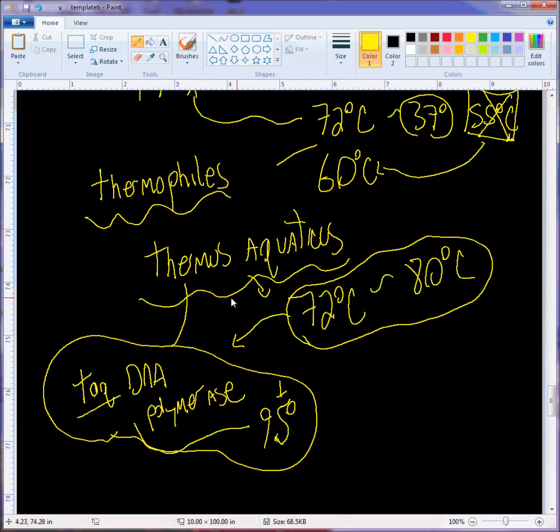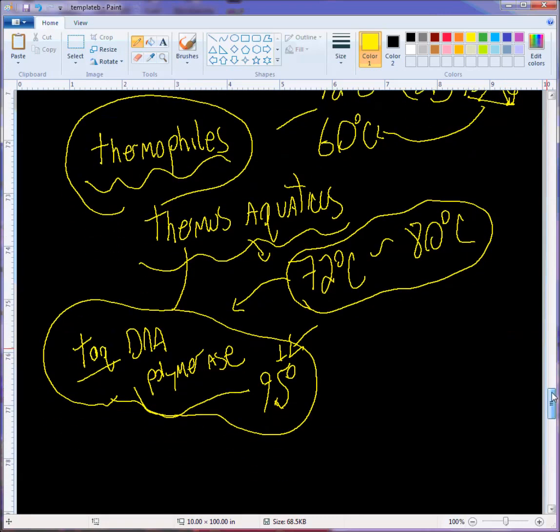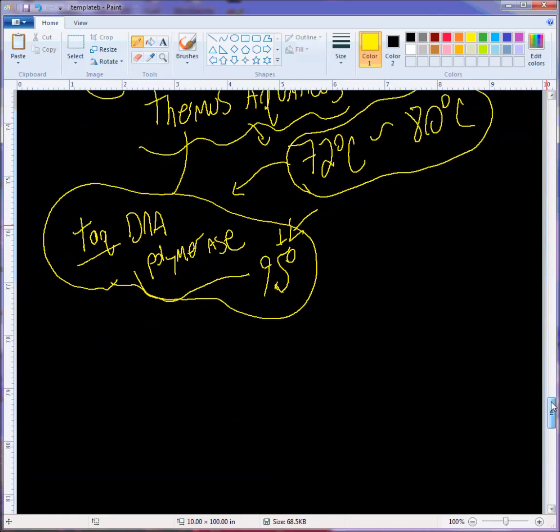So scientists working with thermophiles discovered these organisms that could live in extreme temperatures. The organisms have proteins that function well at these high temperatures and can survive near boiling temperatures and still function. And these are the enzymes used in techniques like PCR, which require high temperatures.